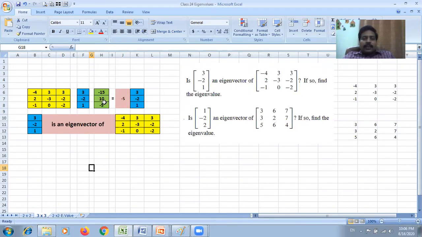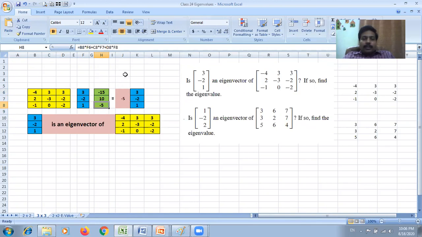So this is the resultant vector. This is simple matrix multiplication. -4 into 3 plus 3 into -2 plus 3 into 1. This is the simple program for that. And -15 is the result. Similarly, -10 and -5 are the entries of the remaining.